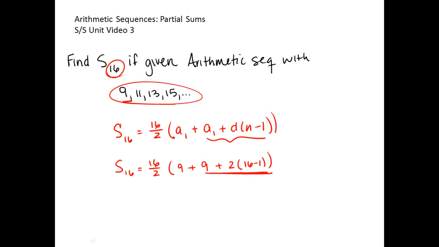So I'll just go ahead and keep simplifying this. 8 times 18 plus, this is going to be 15 times 2, plus 30, so that's going to be 8 times 48. Of course, you can do that all on your calculator, or you can do it in pieces like I did. And you're going to get 8 times 48 to equal 384. So if you add up the first 16 terms in this sequence, you'll get 384.